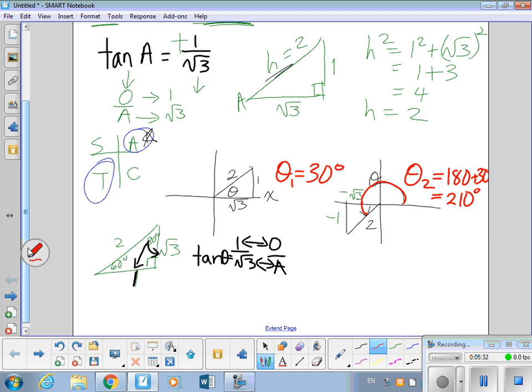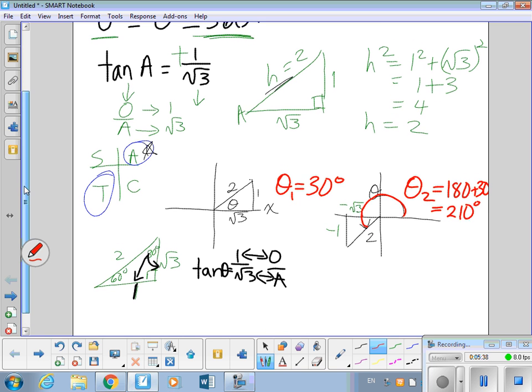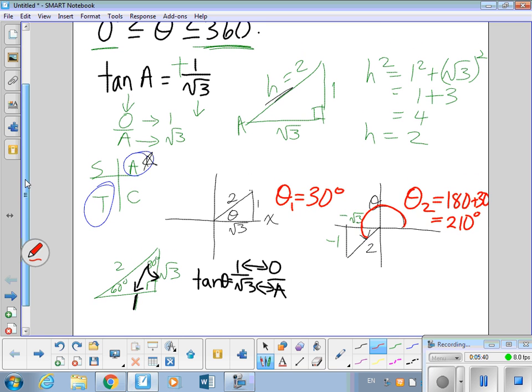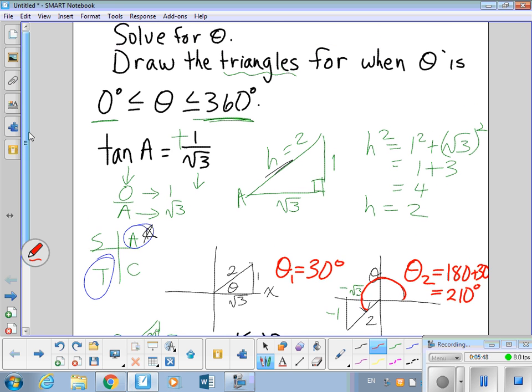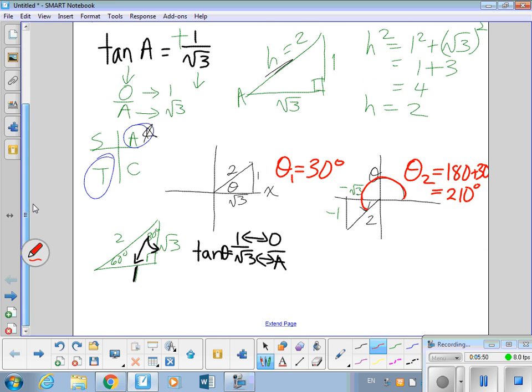Okay, so that is how I figure out my theta, especially if it's a special triangle. Now, if it wasn't a special triangle, I would have to use my calculator to come up with the ratio and do a tan inverse. But still, I would still draw my triangles the same way.